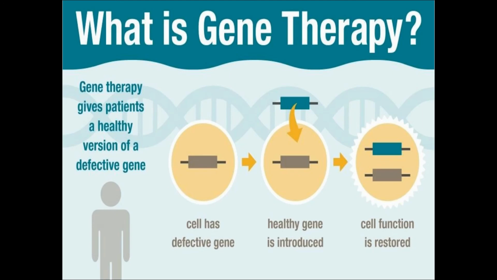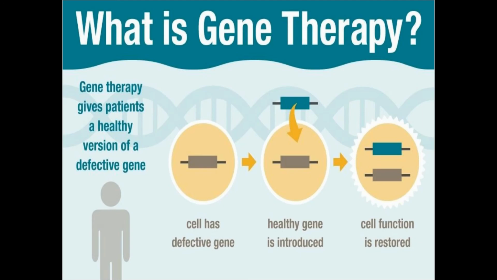What is gene therapy? When a person is born with hereditary diseases, when there is a defect in the genes, how can they be treated? They can be treated by the process known as gene therapy.